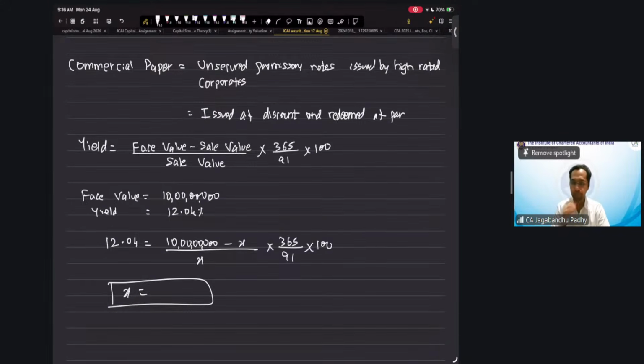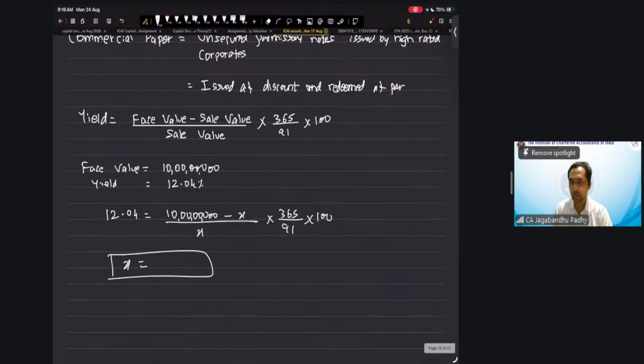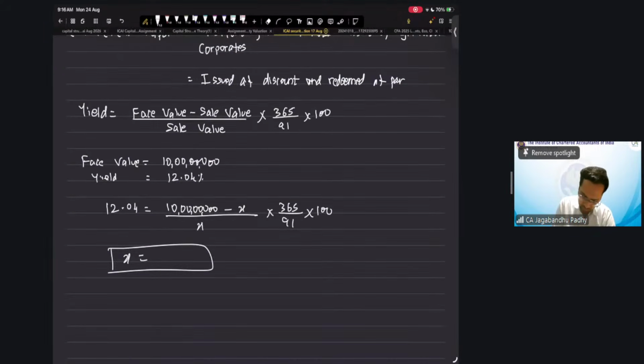Yeah, what's the value? 9 crore 70 lakh 87,000 379.